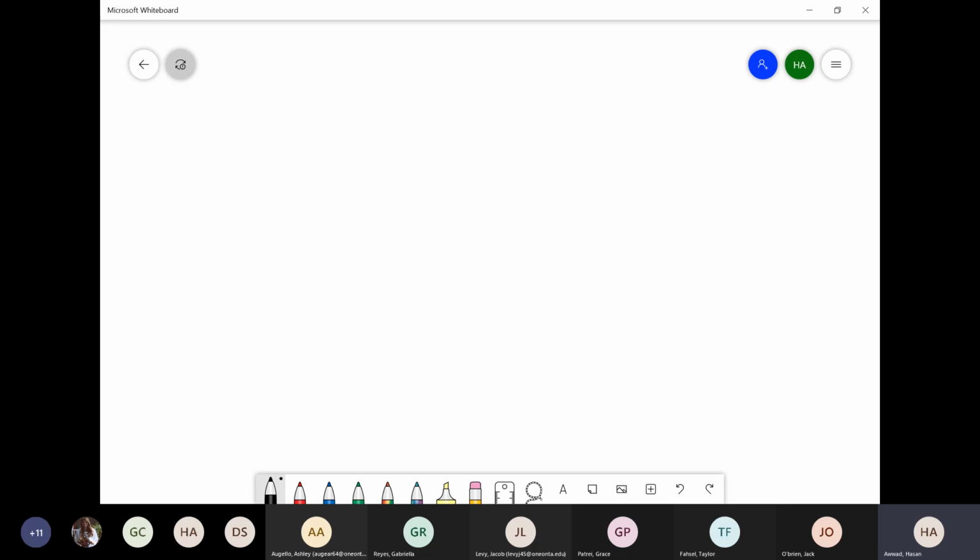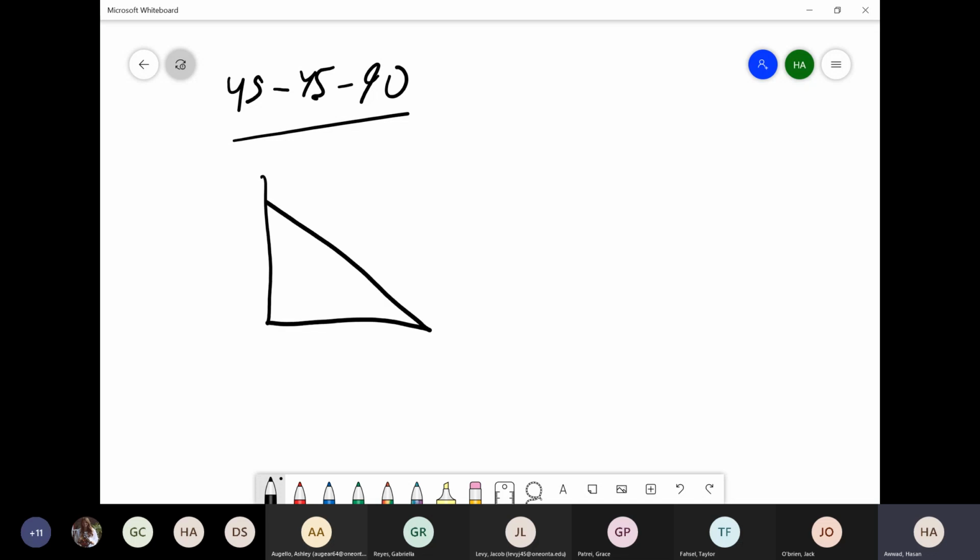So the first triangle, again, 45, 45, 90, right? So this is our isosceles right triangle. Again, we know that from the angle measurements. It's a 45 degree, another 45 degree, and then a 90 degree, right? So this is going to look something like, not like that, this is going to look something like, yeah, it's a bit better.